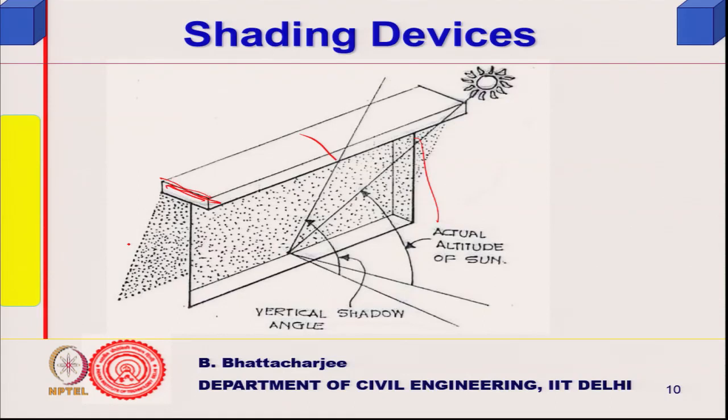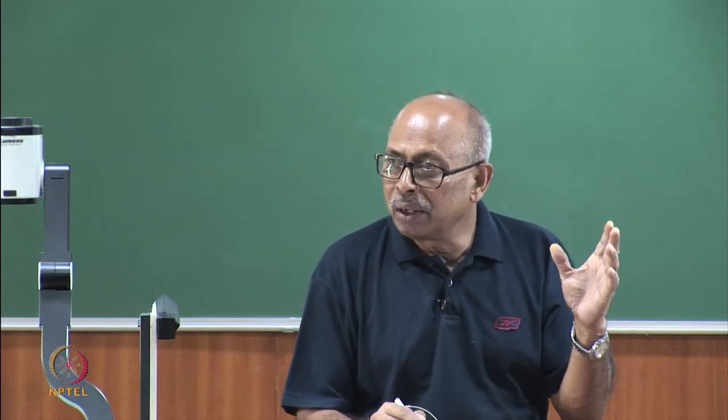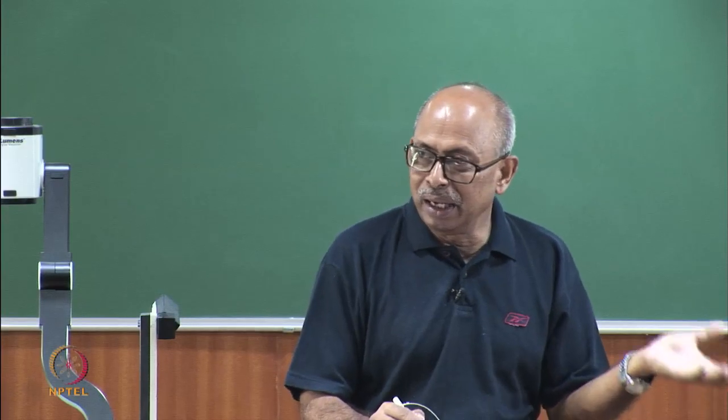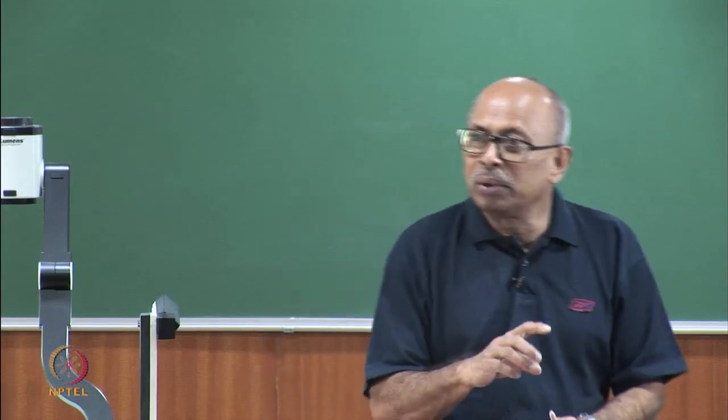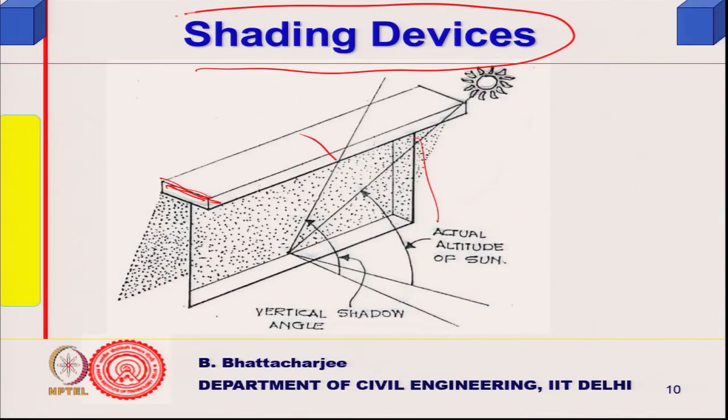This will be for south facing windows in the northern hemisphere or north facing windows in the southern hemisphere. So you can allow the winter sun to come in, and these we call shading devices. This is a horizontal shading device.